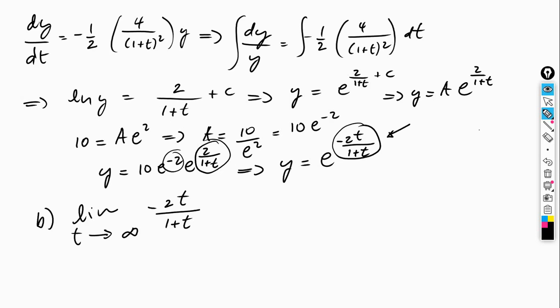From the rules of limits, we know that this is going to have a limit of negative 2. So that means that the equation itself is going to tend to y equals 10e to the minus 2, which is approximately 1.36, and that is to 3 significant figures.